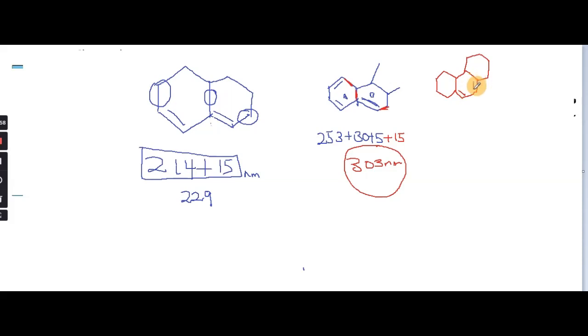We have that. Then I think we also have this one. Then finally we have this. We have an acyl substituent here. How will the lambda max look for this compound?